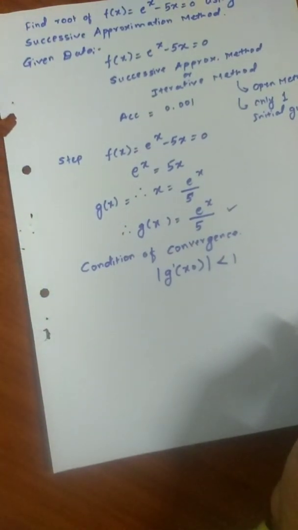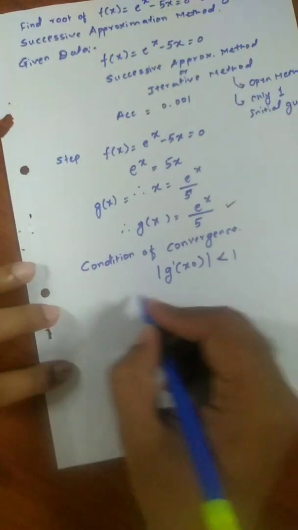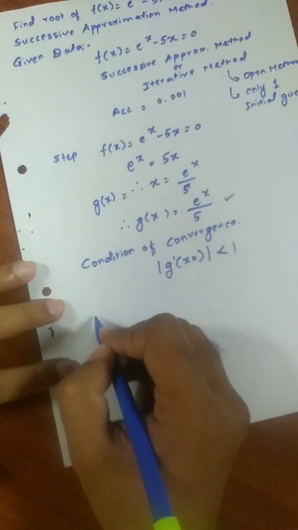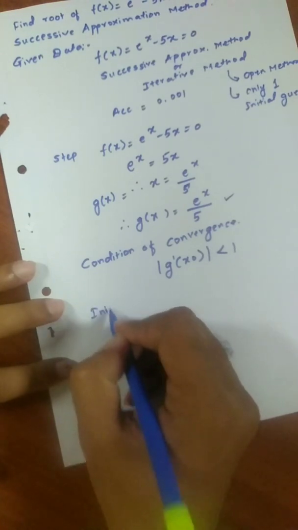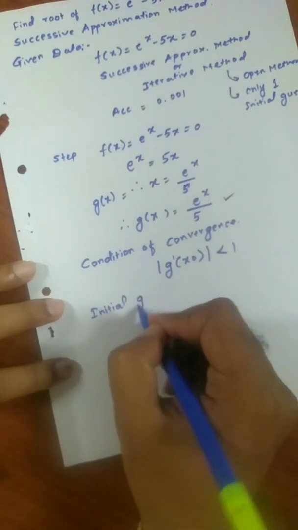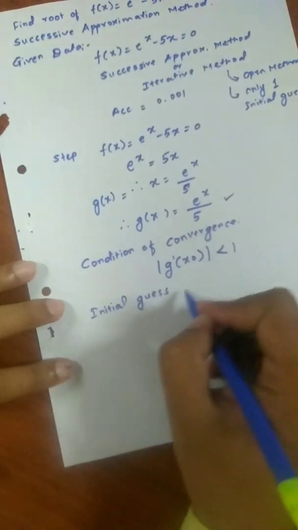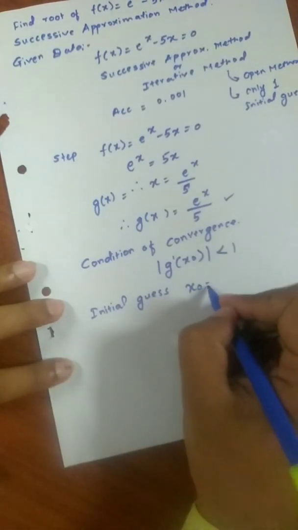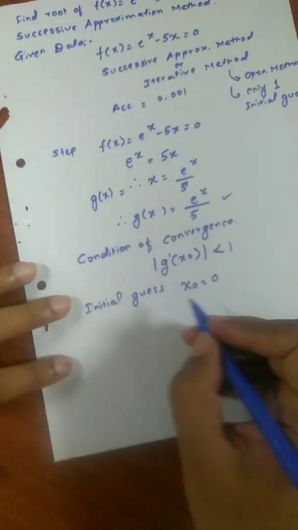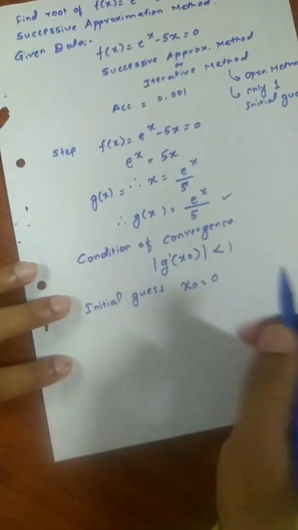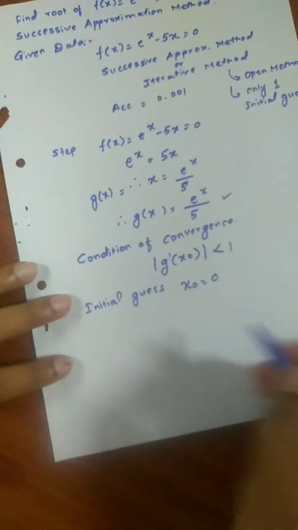Now here we will start with an initial guess. We will guess x0 equal to 0 as our initial guess. Now let us check whether this condition of convergence is satisfied or not.